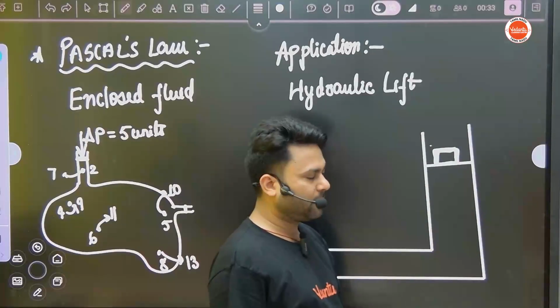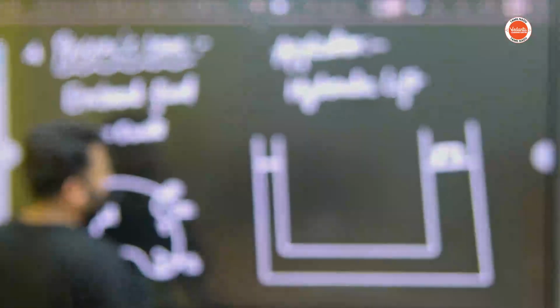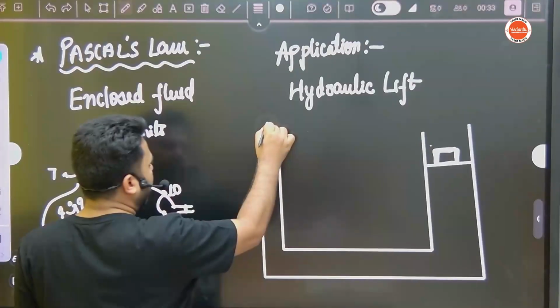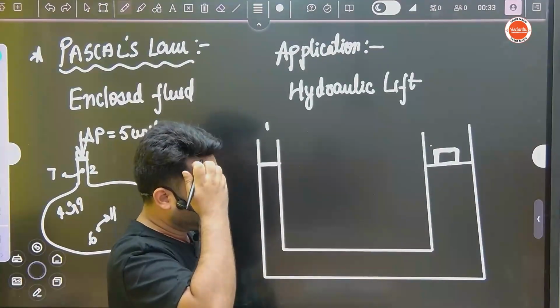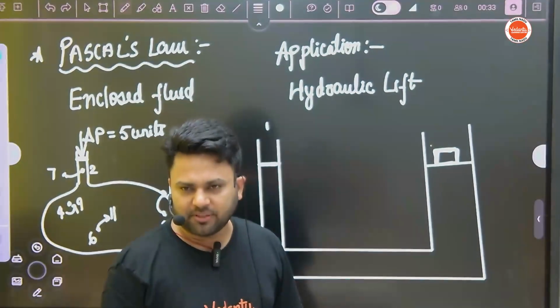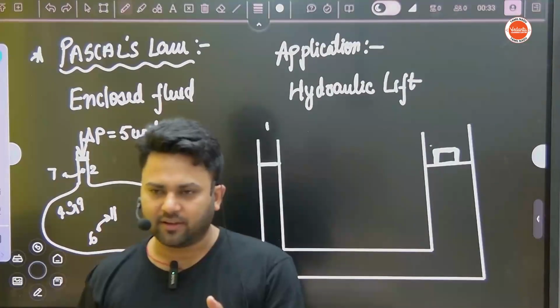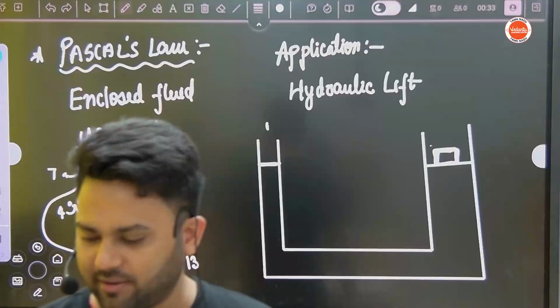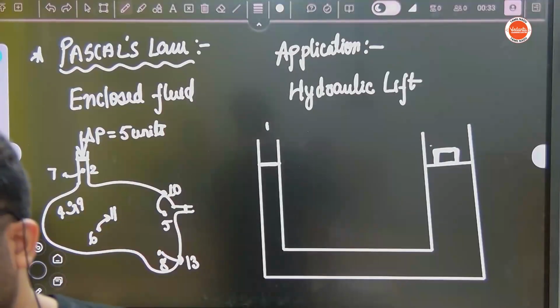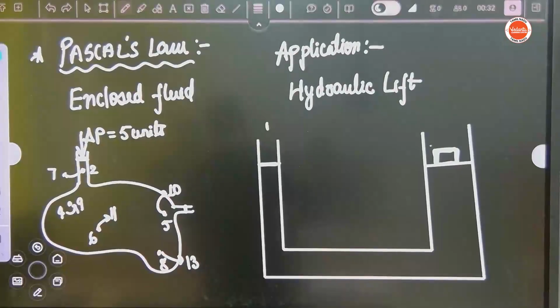Correct? Now suppose there must be some weight of the car. Suppose its weight is 100 Newton. I want to lift it. So how much force should I apply? 100 Newton. Then only, na?